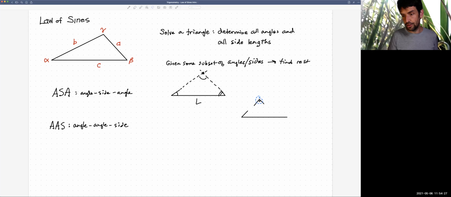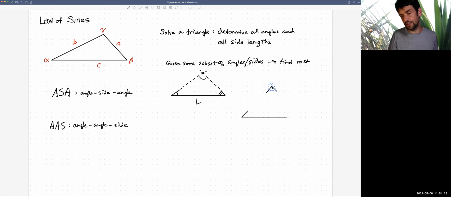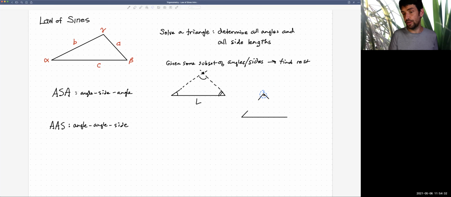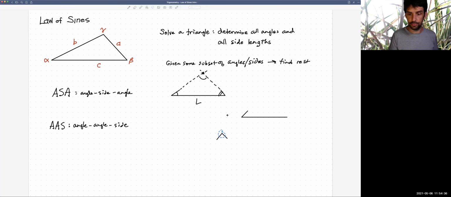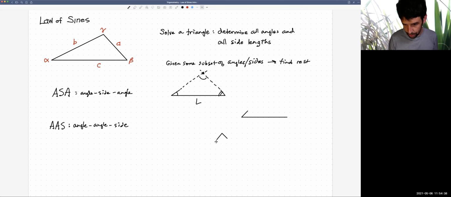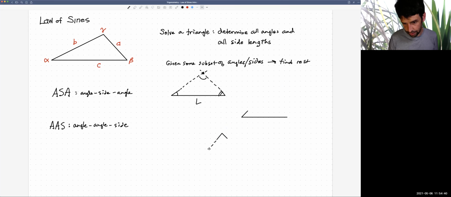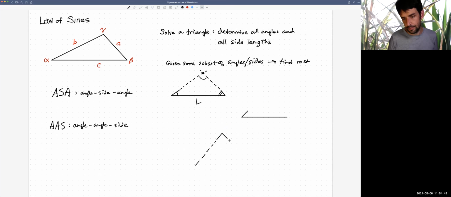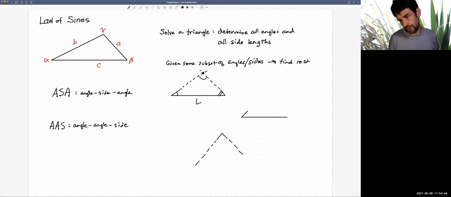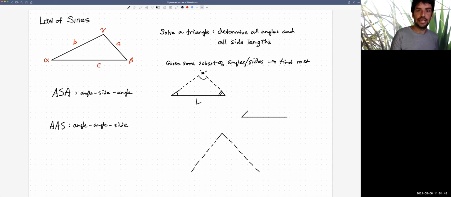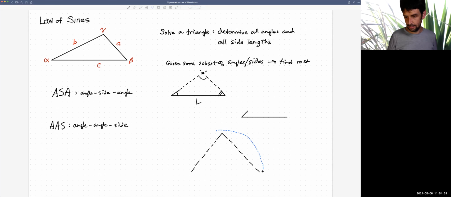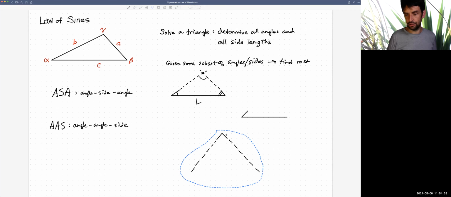The thing is, we don't know the length of either of the two sides, so this angle can be put anywhere. Let's add to this drawing a little bit. We don't know how long the other two sides are going to be yet, but I know what direction they have to go in. Given this third angle, I get a constraint on how the other two sides can be arranged.